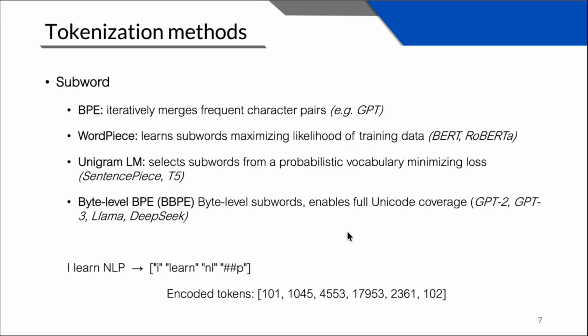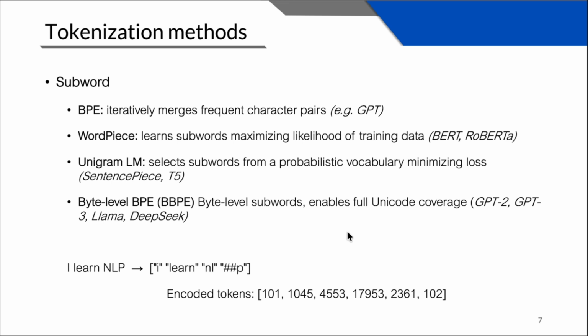Subwords are a different method, which was introduced recently, in the last decade. We listed the four most successful subword methods. The first is BPE, in which we iteratively merge frequent character pairs until we build the vocabulary, and there is a threshold at which we stop, whether it's the size of the vocabulary or the end of the training data.